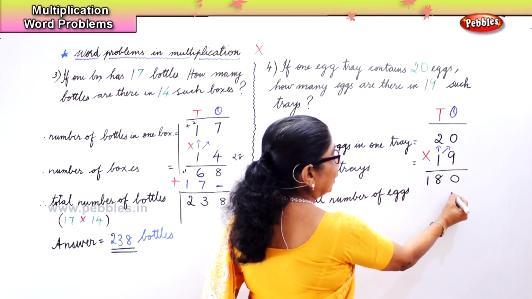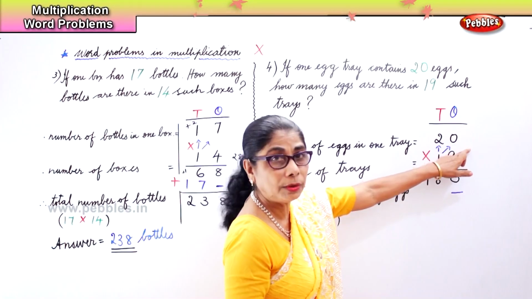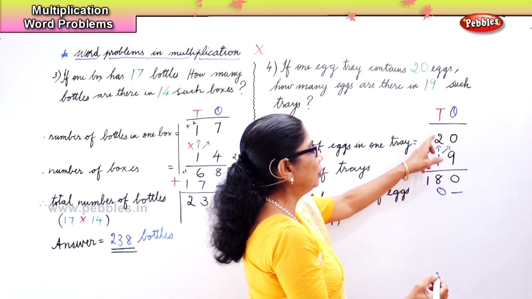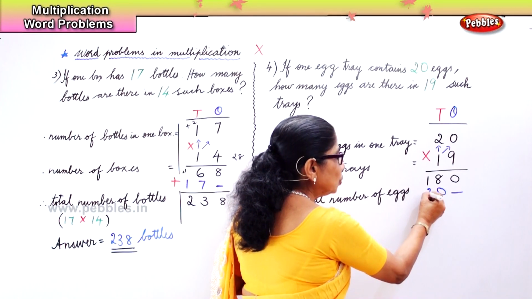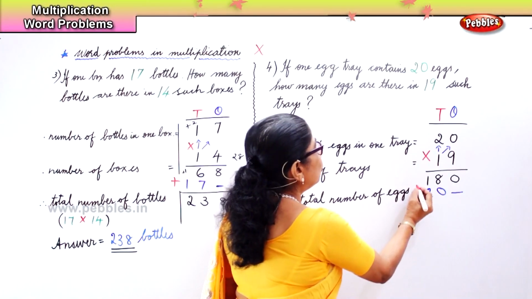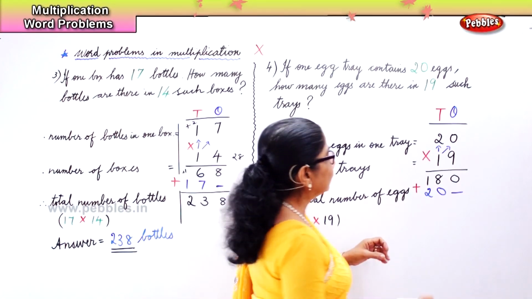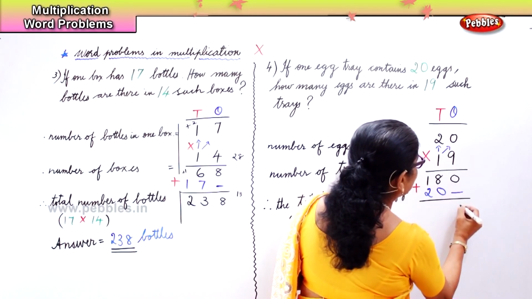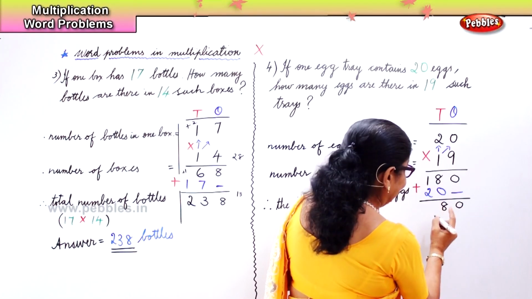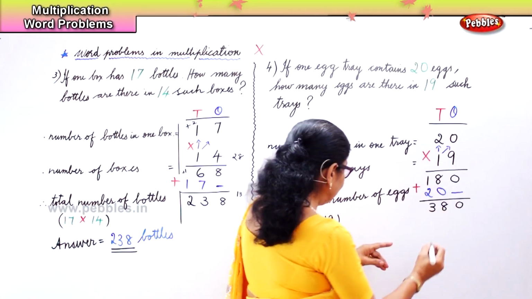So in the ones place you put a small dash. Now 1 into 0 is 0. 1 into 2 is 2. Now we need to add this. Put a small addition sign and add the two sets of numbers. You bring the 0 down. 8 plus 0, 8. 2 plus 1, 3. That's your answer.